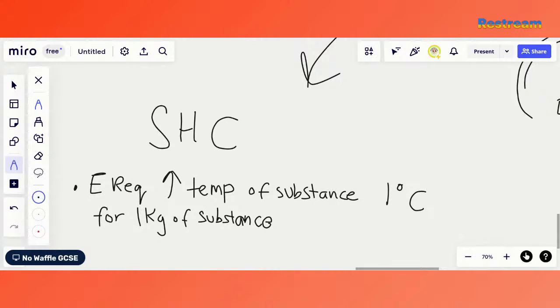Because it's energy required, specific heat capacity is measured in joules.